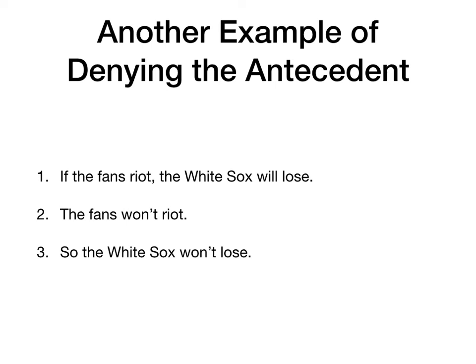That happens plenty of times too, right? So if the fans riot, they will lose. But just from the simple fact the fans don't riot, we don't know from that they're going to win, right? Anyway, hopefully this example of denying the antecedent is clear to you guys.